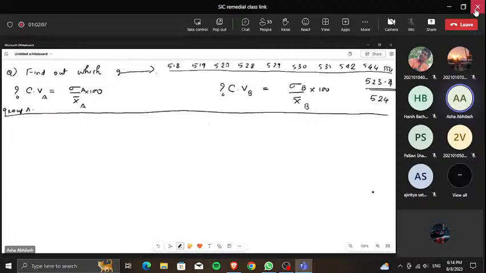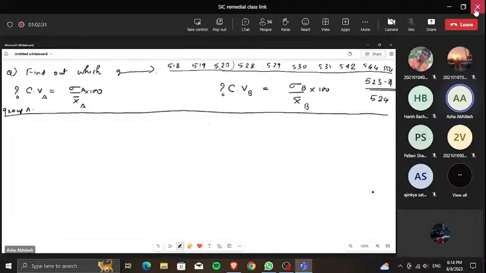If you want, you can consider 527 as the assumed mean. Anything you can consider, if you have not been provided any number. In this problem, I have given in the question: consider 530 as an assumed mean.